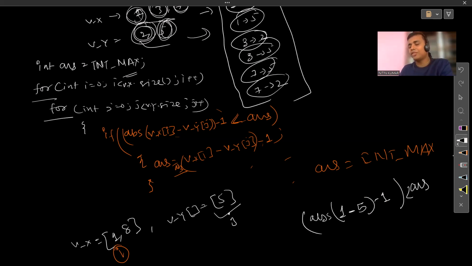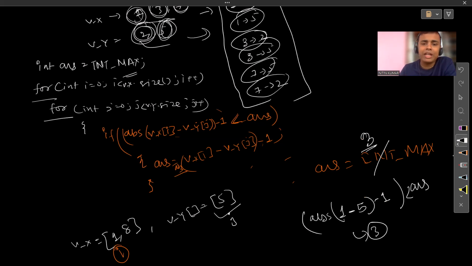Int max is the maximum value in the integer range, and the value here is absolute of 1 minus 5, which is -4, and absolute changes it to 4, and 4 minus 1 gets me 3. So the whole value is 3. 3 is less than answer, because currently my answer is int max. So I have to change my answer to 3, because I got a new, smaller value.